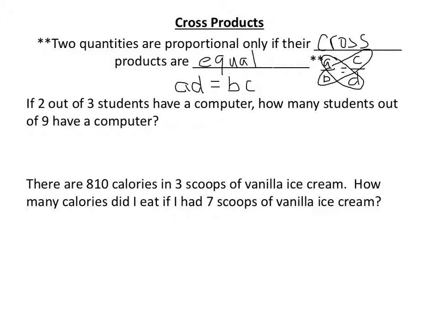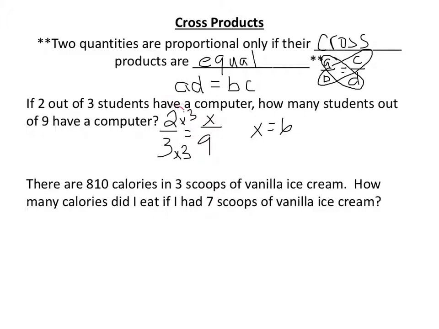So if 2 out of 3 students have a computer, how many students out of 9 have a computer? So 2 out of 3, and we want to know how many, x, out of 9. So once again, we could use equivalent fractions, because I could say 3 times 3 is 9, 2 times 3, so x would equal 6. But another way we could check this is actually doing our cross products.